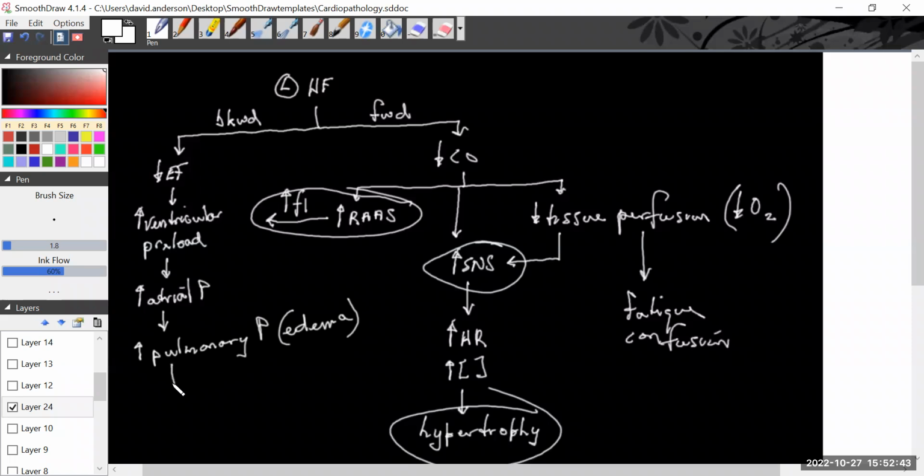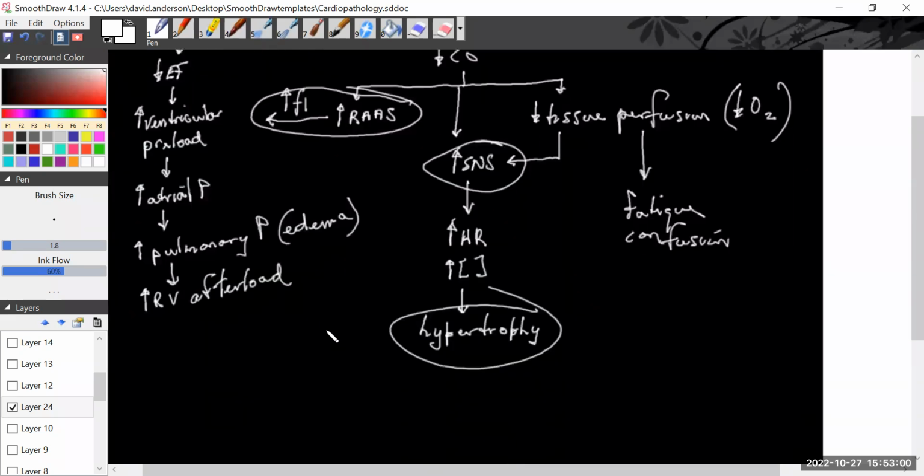And if we keep going backwards, we end up in the right ventricle, and we're going to increase right ventricular afterload. The work required by the right ventricle to overcome the pressure in the pulmonary tissue.